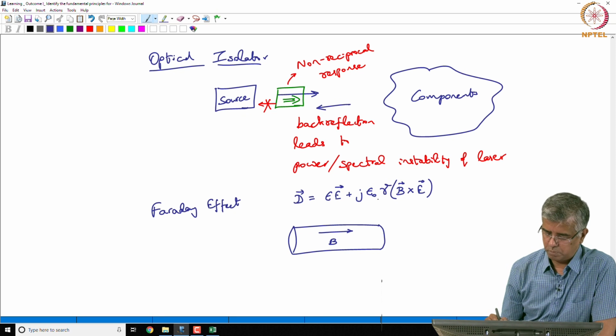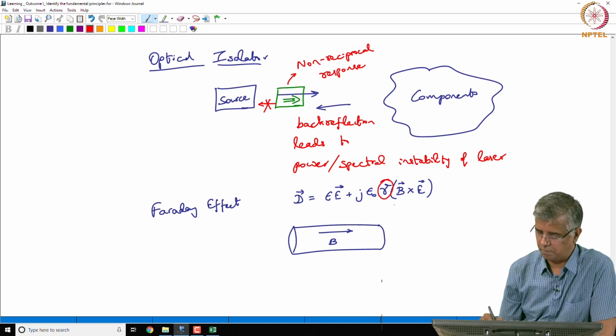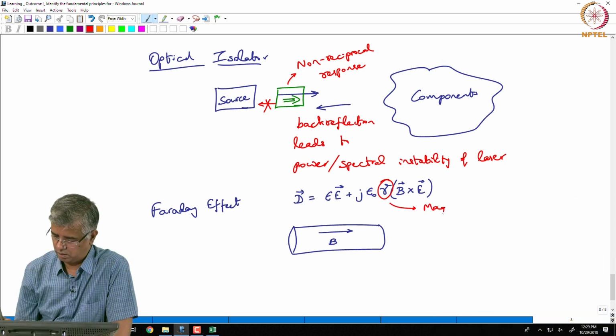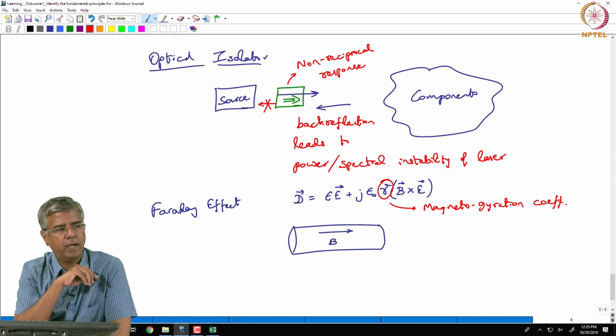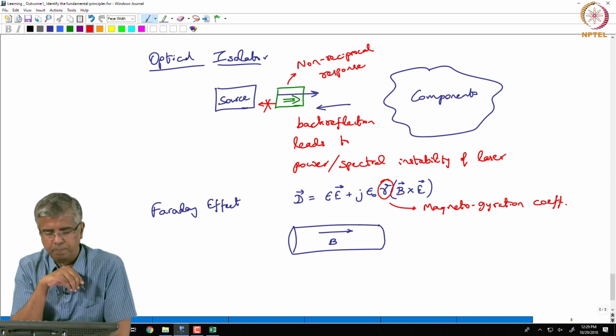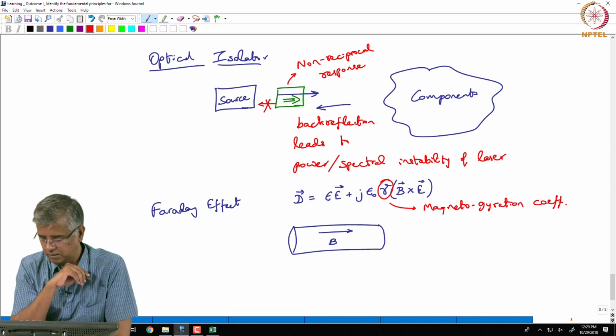So, through this magneto-gyration coefficient, this gamma is called the magneto-gyration coefficient, you have a gyration of the light polarization. Okay.